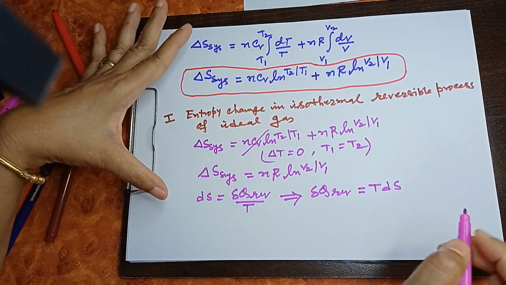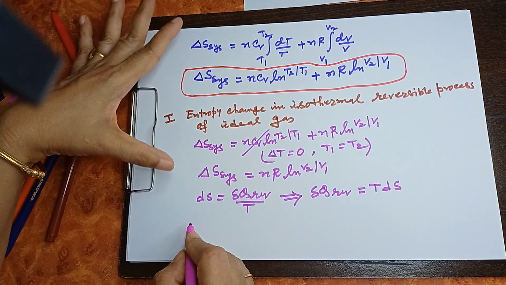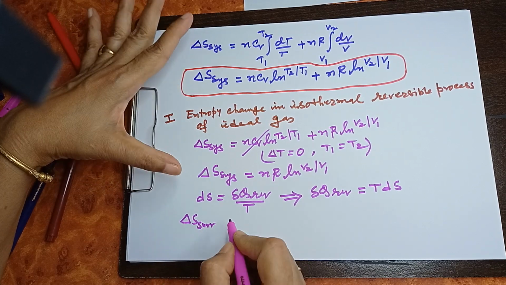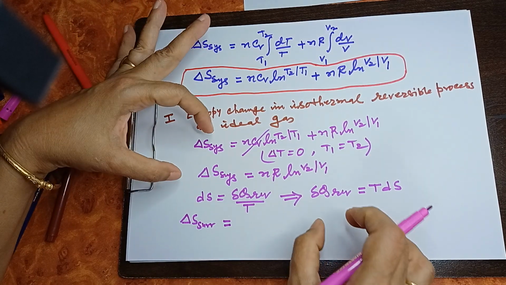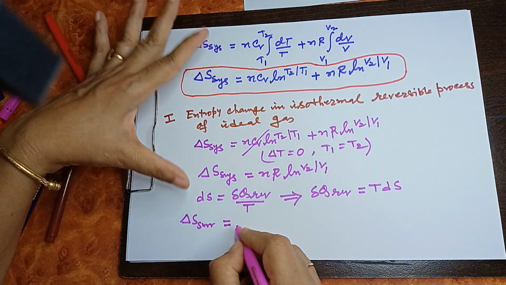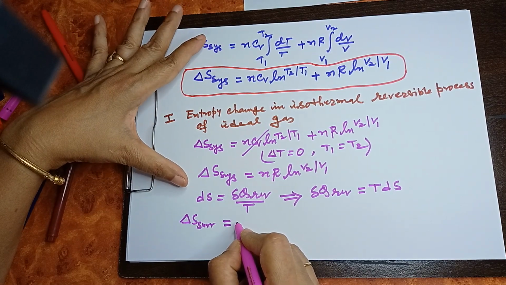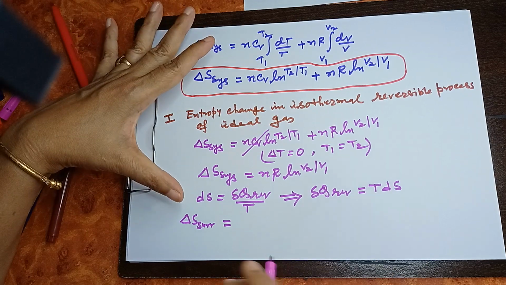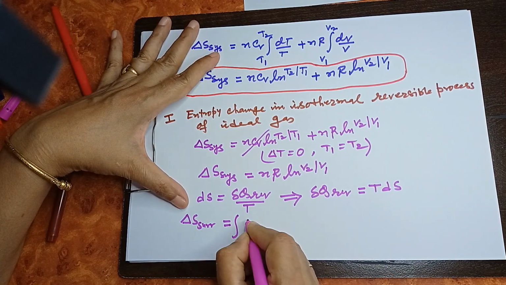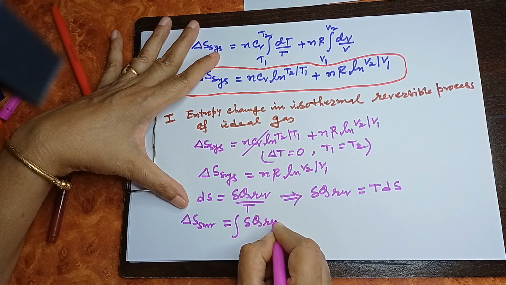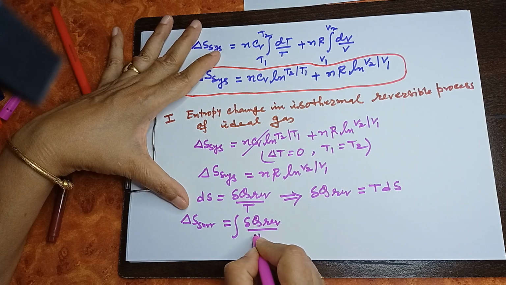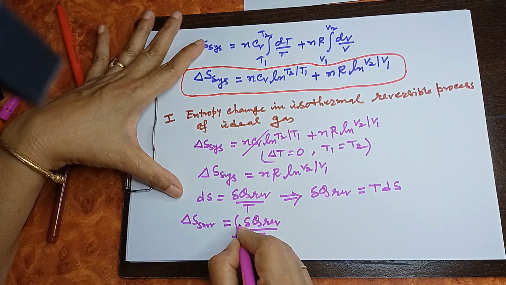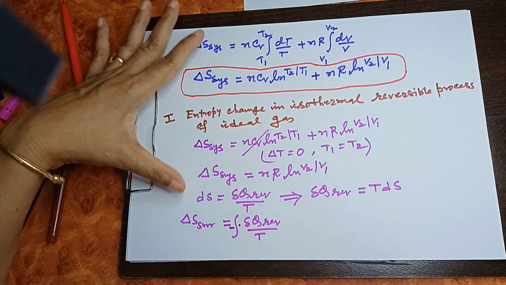Now entropy change of the surroundings, delta S surroundings, if I want to express in terms of small quantity, I have to take integration of dQ reversible by T, and the surrounding is releasing heat, so it will be minus if I take it outside of the integration.